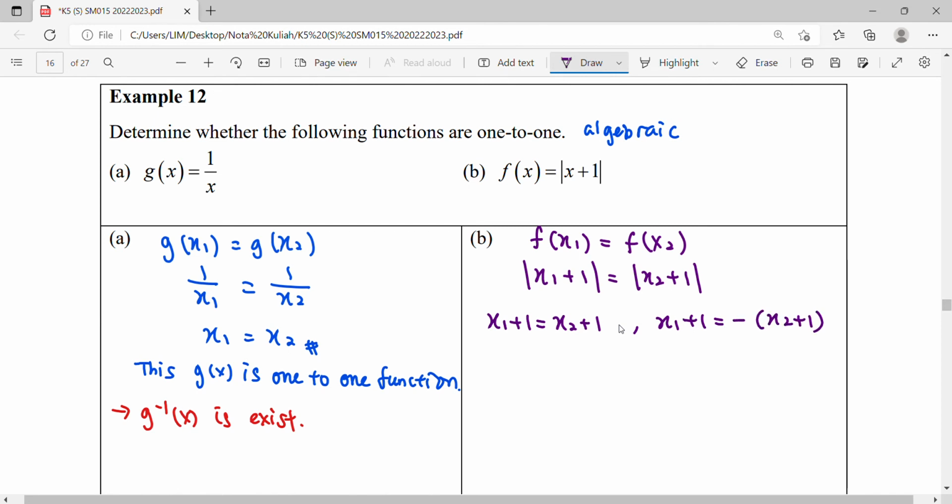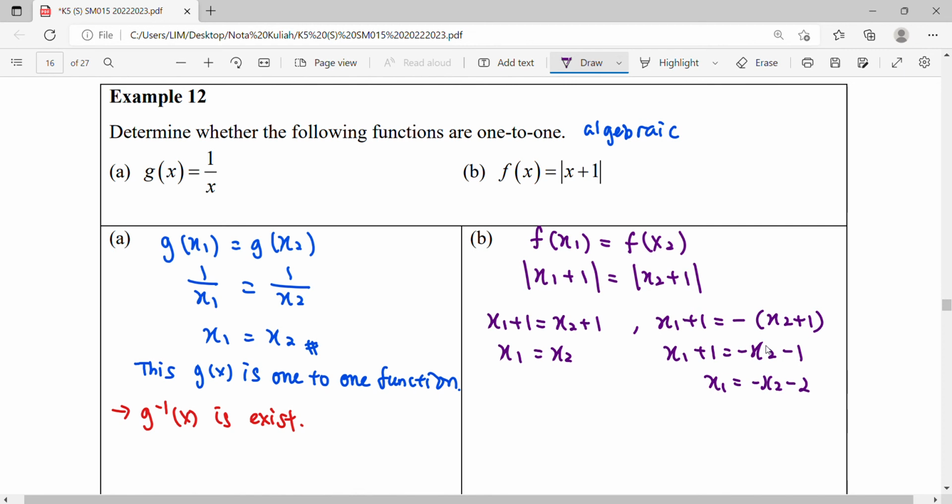So we open the modulus: one side is positive, one side is negative. To simplify, move 1 to the right hand side and it will cancel off, so it gives you x1 equals x2. Meanwhile, for the other, x1 plus 1 equals negative x2 minus 1, so x1 equals negative x2, then move 1 to the right hand side, minus 2.